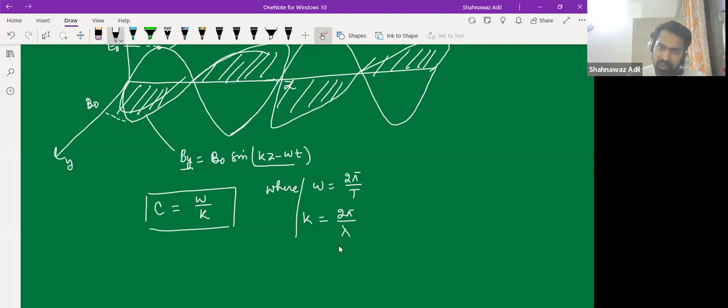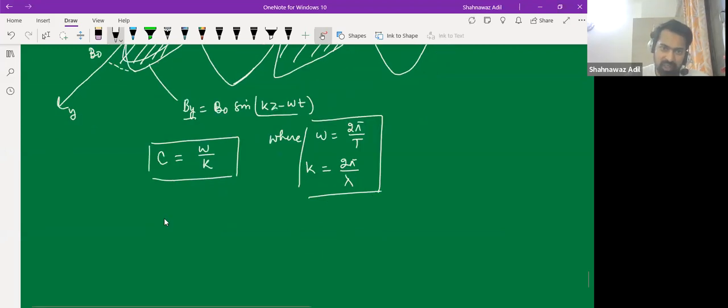So when we put this value, what do we get? This is 2 pi by T, and then this is 2 pi by lambda. This cancels, and we get C, where this goes in the upper part and this goes in the lower part. So this becomes lambda by T.